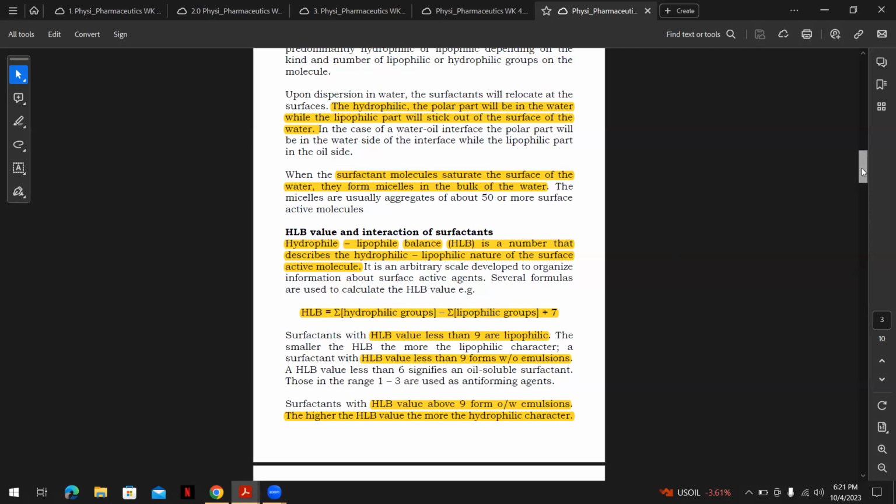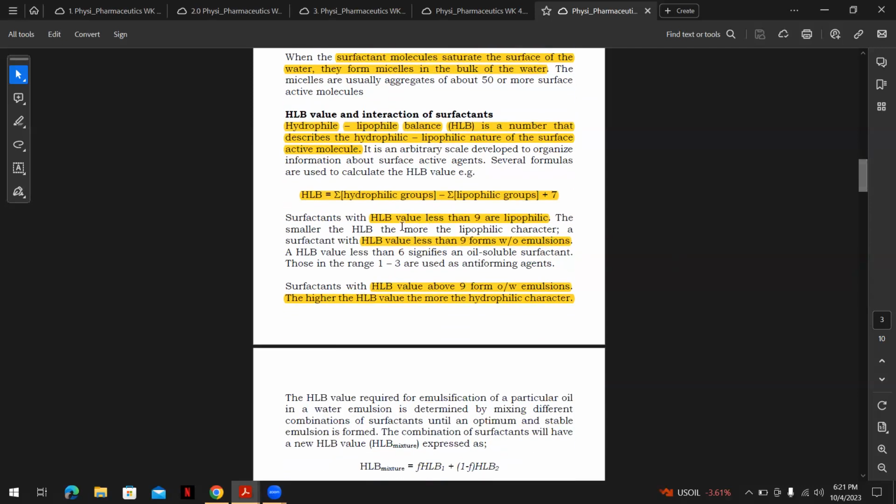So surfactants which have an HLB value of less than 9 are lipophilic, and the smaller the HLB, the more the lipophilic character. The ones that have HLB values less than 9 form water-in-oil emulsions.